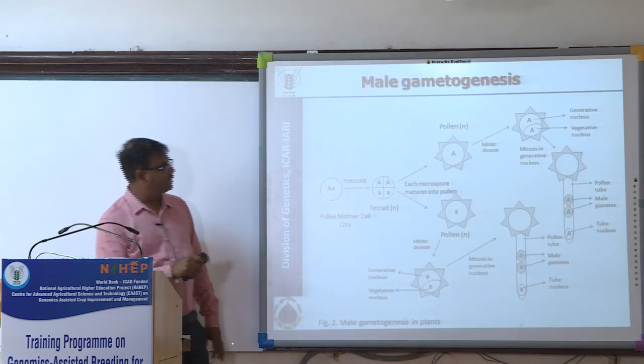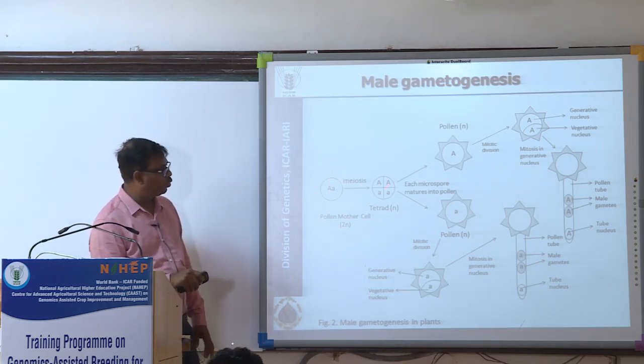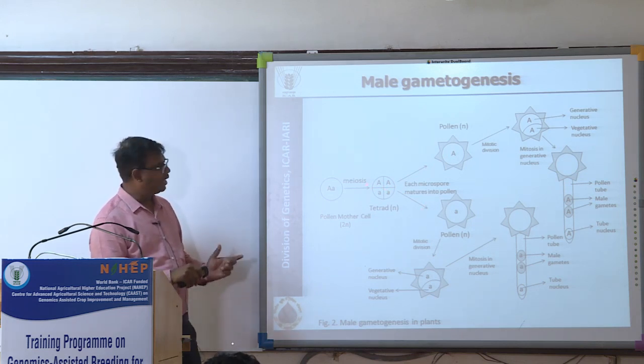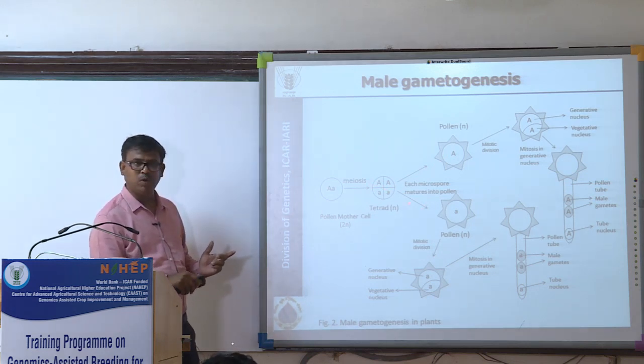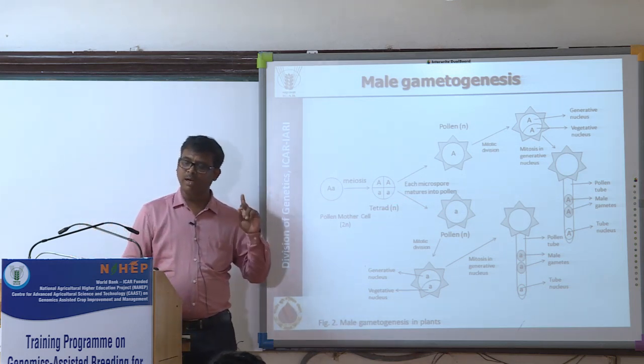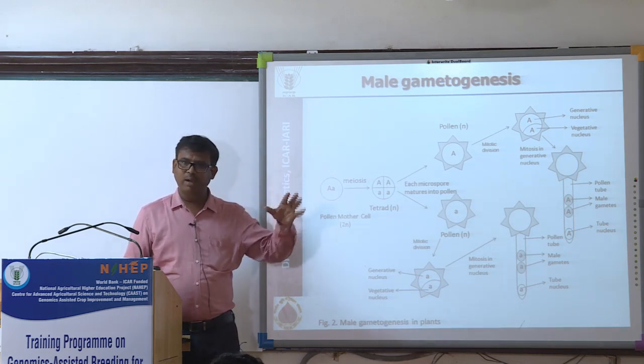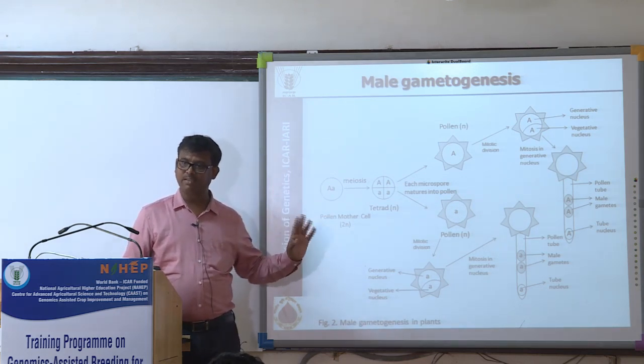In male also it is like this. If the pollen mother cell undergoes meiosis, it produces 4 cells. Each of these 4 cells will mature into a pollen. So, again there will be 2 capital A and 2 small a. So, there is 50-50. In female, one egg mother cell will lead to finally 1 ovule, while here one pollen mother cell will lead to 4.